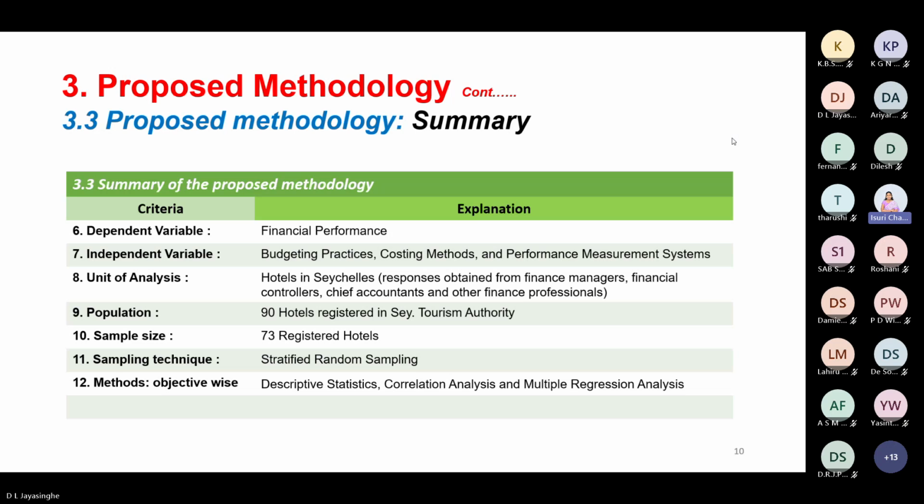Very good. So then what is your unit of analysis? Your unit of analysis is the finance managers, finance controllers, chief accountants, and the other finance professionals. Yes, madam. Then your population comprises the finance managers, hotel controllers, and chief accountants in these 90 hotels.